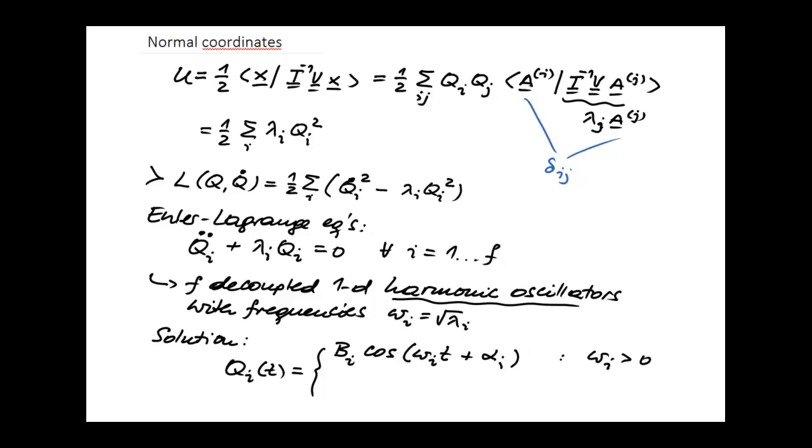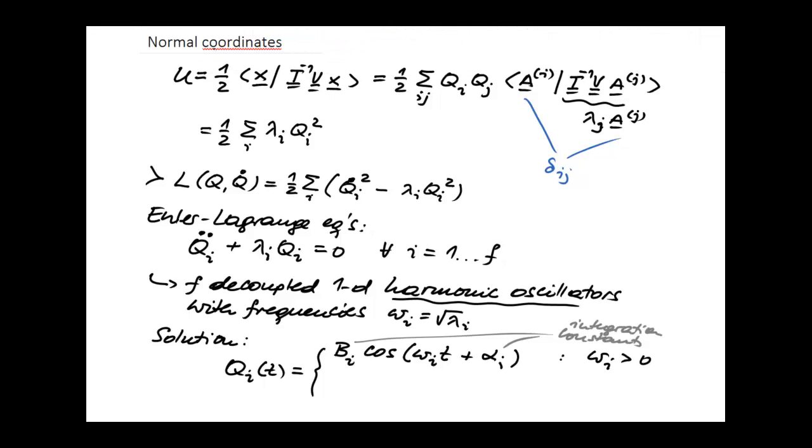This is the solution assuming, as we have done all the time, that the eigenvalues lambda i are strictly larger than 0, and therefore the frequencies omega i are strictly larger than 0, and then you get this form for the solution with the B and the alpha as integration constants.